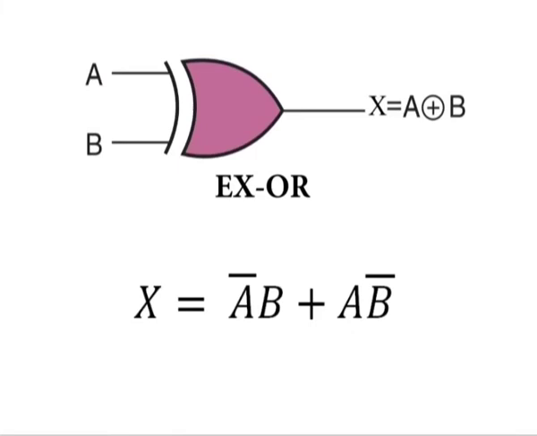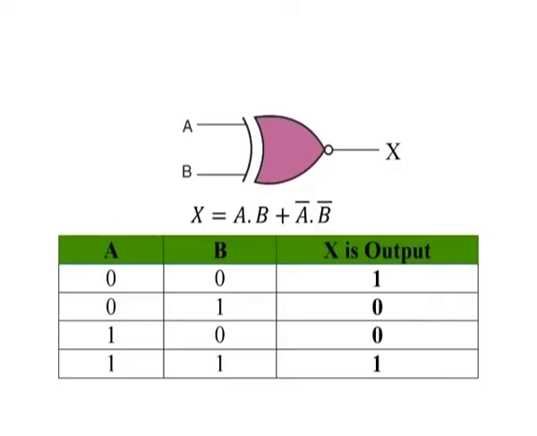The output of a 2 input XOR gate is expressed by X equals A bar B plus A B bar. The exclusive NOR gate. Exclusive NOR, which is commonly written as XNOR, means not of XOR, that is, the logic gate that we get by complementing the output of an XOR gate.